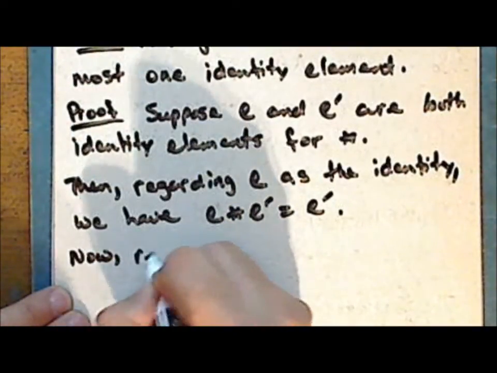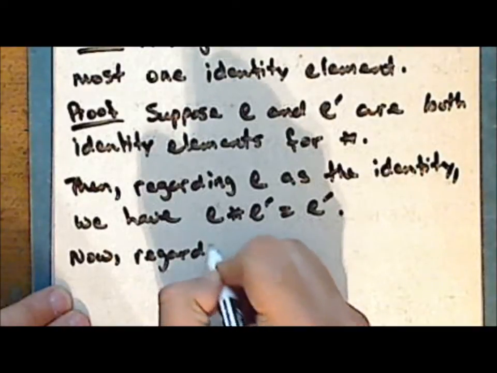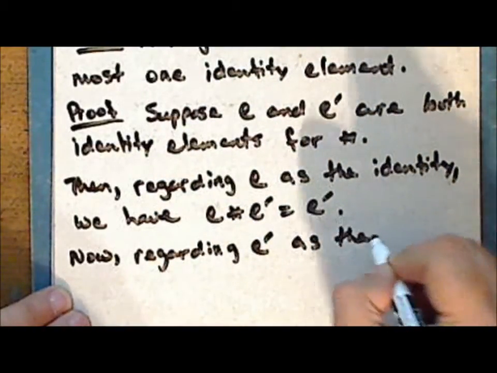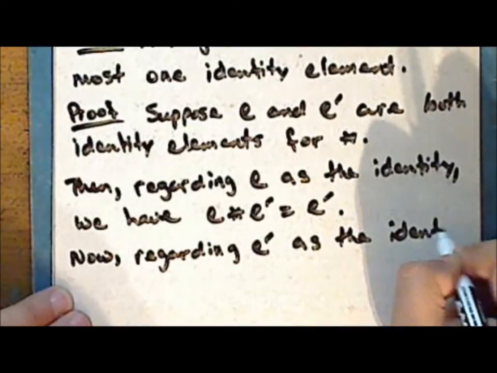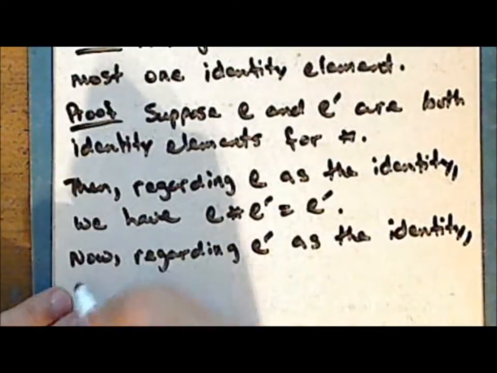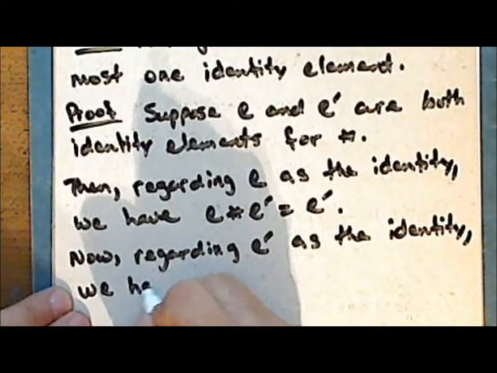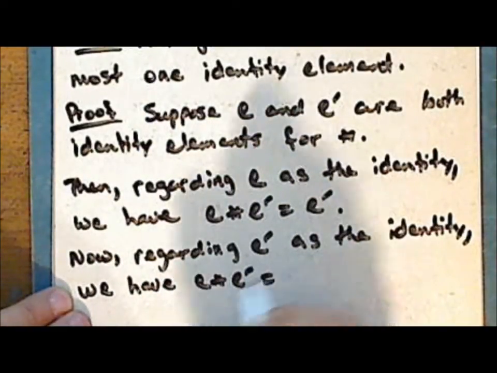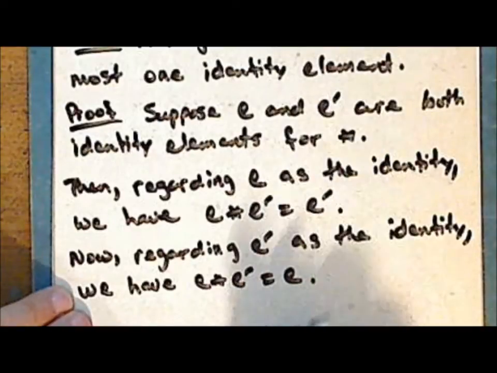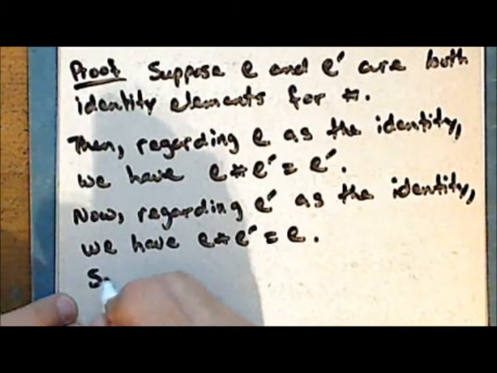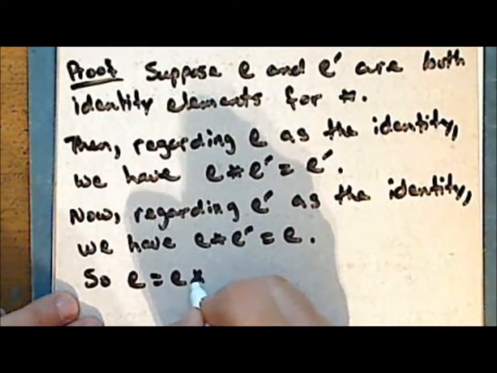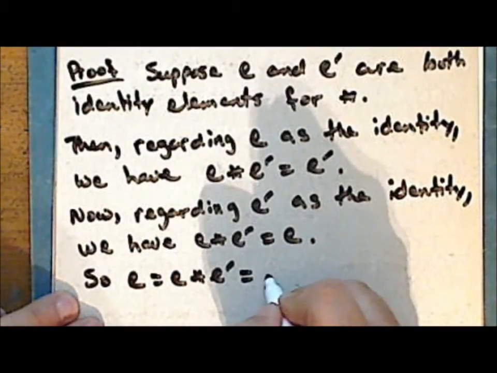Now, regarding E prime as the identity, we have E star E prime gives that other element E. And so the element E is equal to E star E prime, which is equal to E prime.